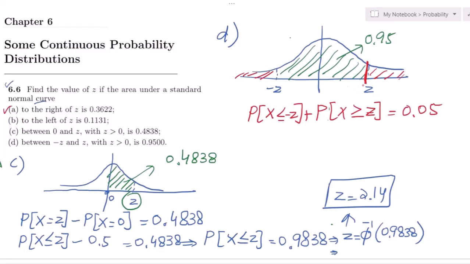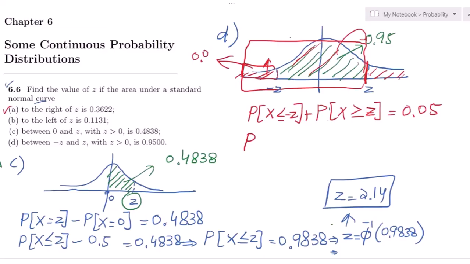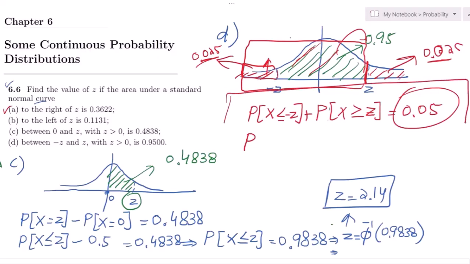If we want to find all these values, because after finding them we can consult the table, it would be this area, which is 0.95, plus this area, which is 0.025, and this one is 0.025, because adding them both gives me the area here. You have got my point.